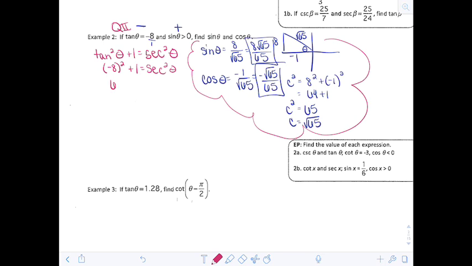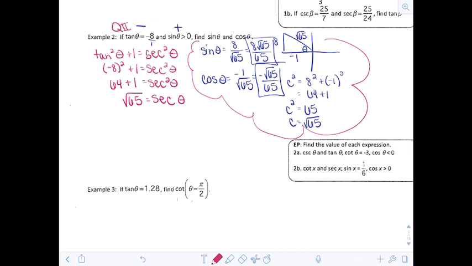Okay, so 64 then plus 1 is equal to the secant squared. So the square root of 65 is equal to the secant, sorry, we square root that. So the square root of 65 is equal to the secant.